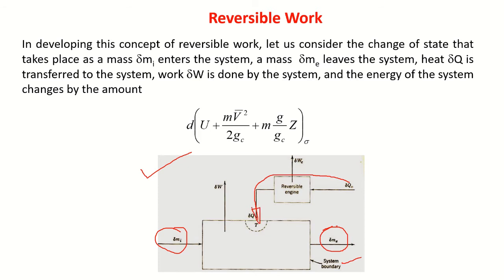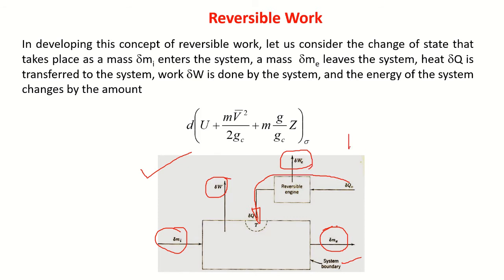So irreversibilities are due to entropy generated because of the temperature difference, that is external irreversibility, and also there will be internal irreversibility. We have to avoid both. So heat is supplied to this one, correct? Reversibly. So now let us find out the total work done: this work plus this work.